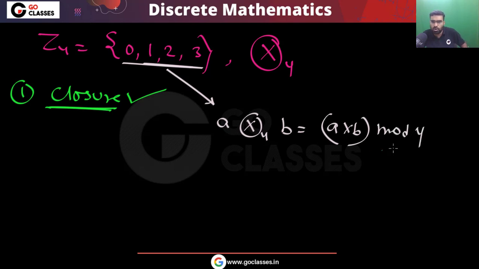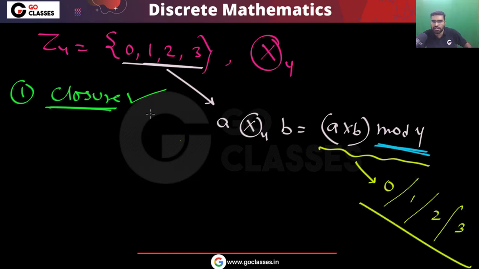So this final answer will be either 0 or 1 or 2 or 3. So you can see that closure property is satisfied.